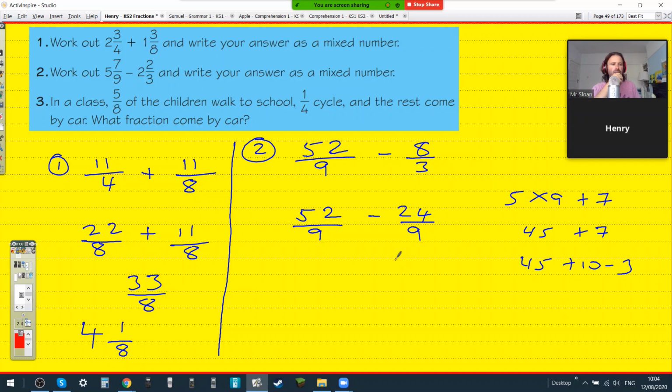And then 52 minus 24, so 50 minus 20 is 30. 28, and then 28 over 9. And we'll change it back. And then that's 3 wholes and 0 ninths, or just 3 wholes.